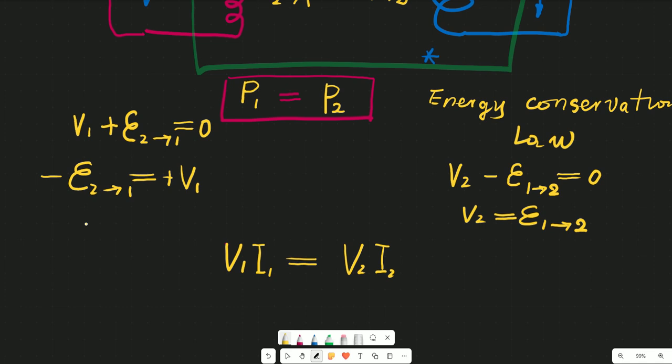In this case, we need to give complex. This means average power. So average power for ideal transform should be equal.